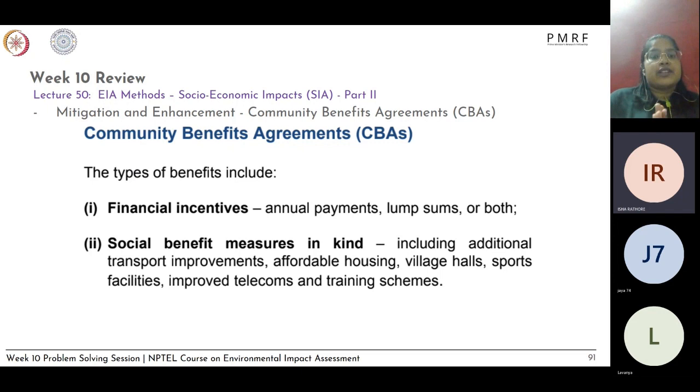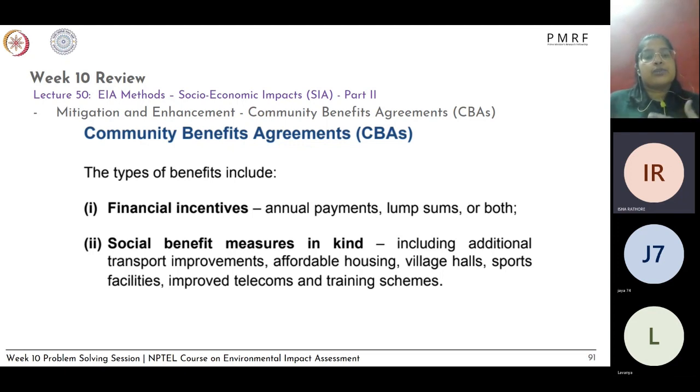Then for mitigation and enhancement, we have the community benefits agreement. The types of benefits include financial incentives. So you can have monetary agreements, which include payment towards physical displacement or economic displacement in terms of annual payments or lump sum amount or both.